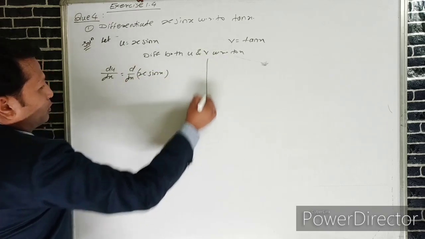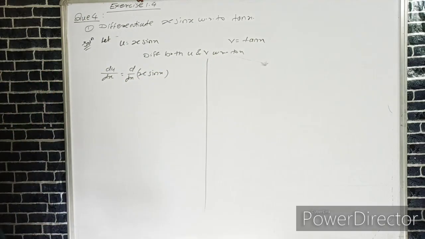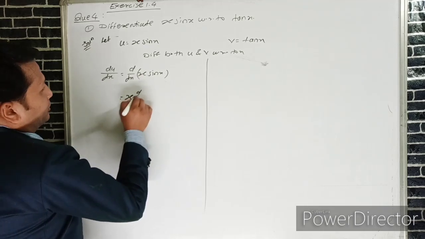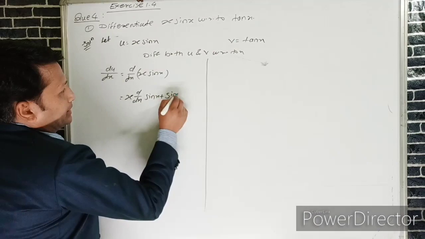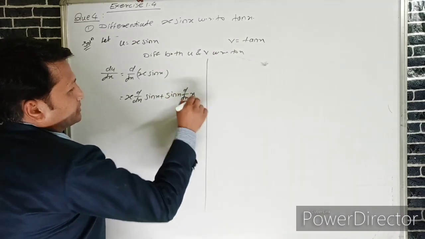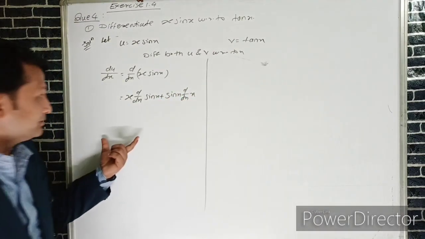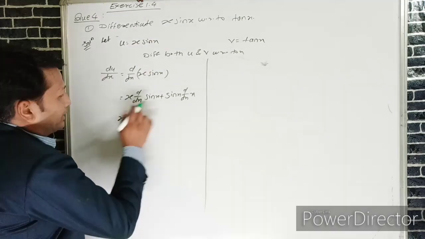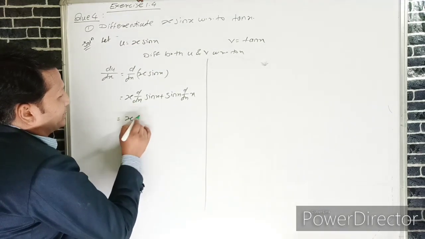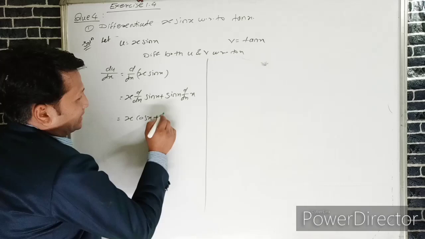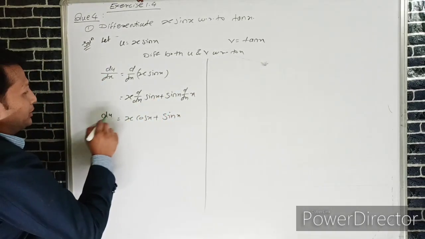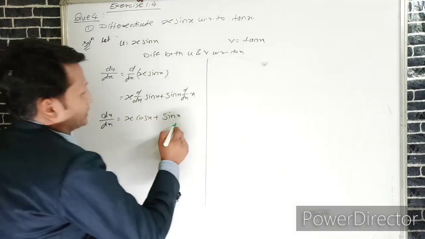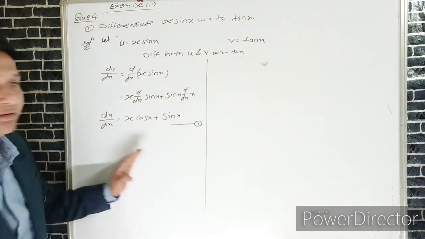Here by using the product rule, we can write it as x into the derivative of sin x plus sin x into the derivative of x. The derivative of sin x is cos x, plus sin x as it is, and the derivative of x is 1. Hence du upon dx is equal to x cos x plus sin x, equation number 1.